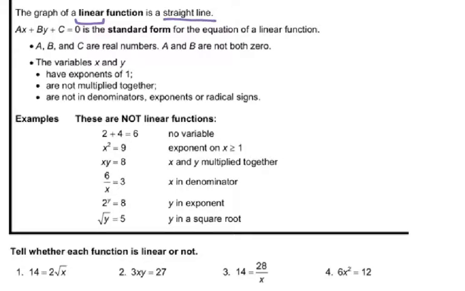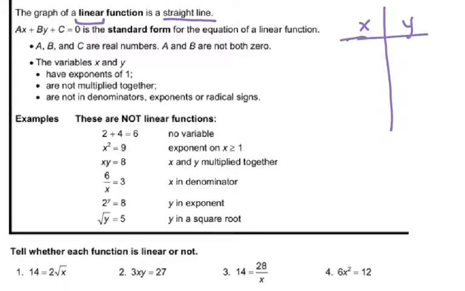So this is going to be a function that is in a straight line, if you remember in our last video about what a function is. You can always tell if an equation is a function in two ways. If you have the graph, you can tell one way. If you have the table, you can tell another way.